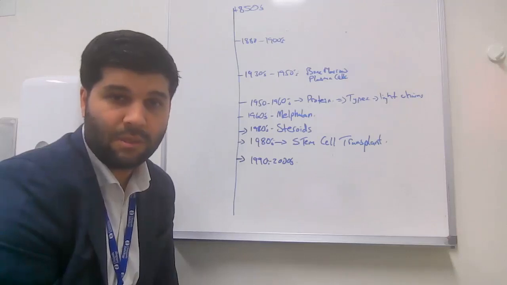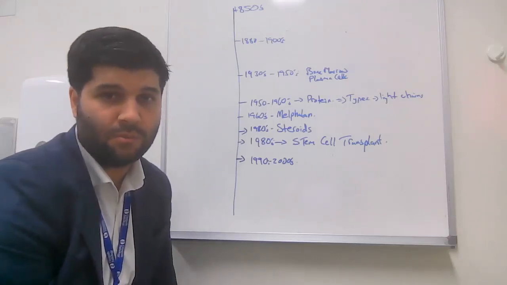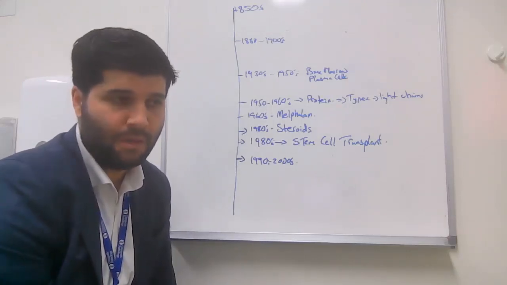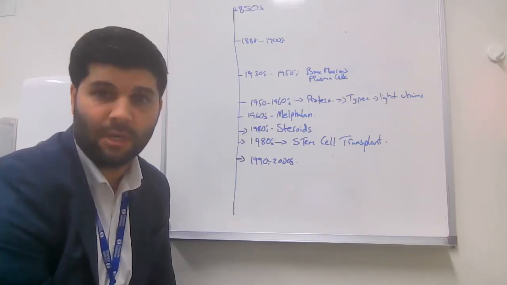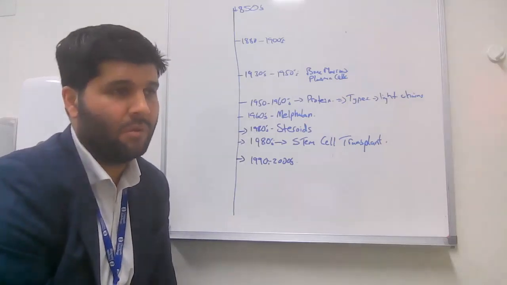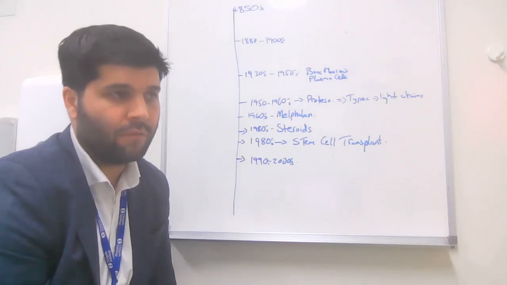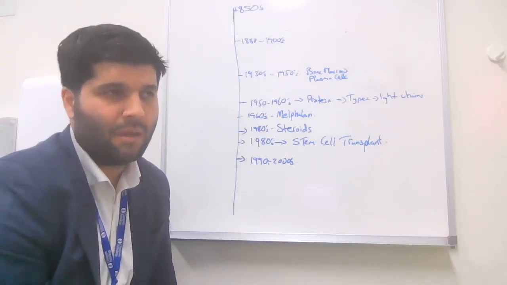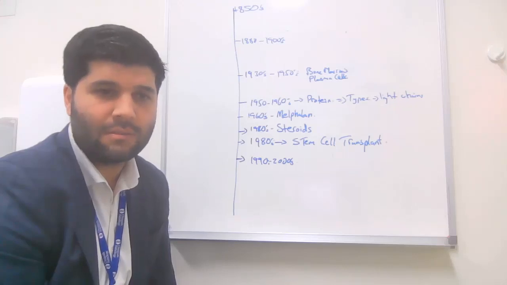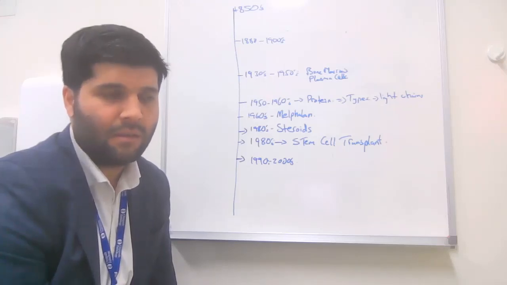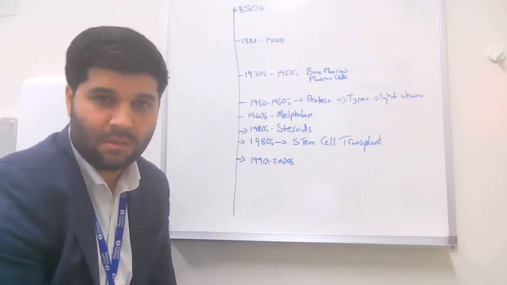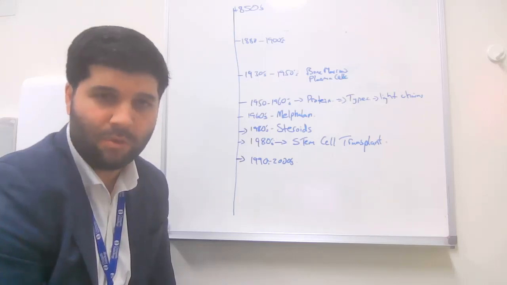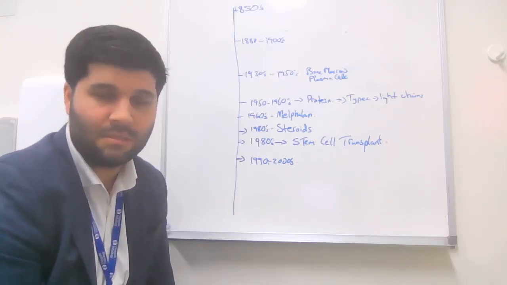And the first drug that was found to be extremely useful in treating multiple myeloma was a drug called thalidomide, which some of you may have heard of. And this was really a drug that had a really bad rep because it was used as an antiemetic to help with morning sickness for pregnant women in the 1960s.